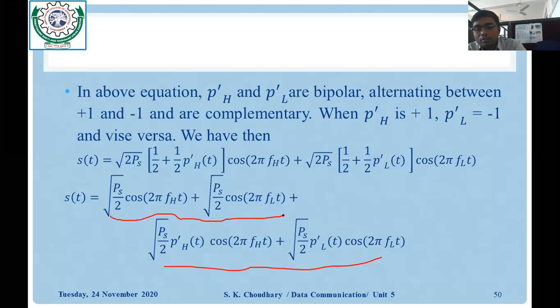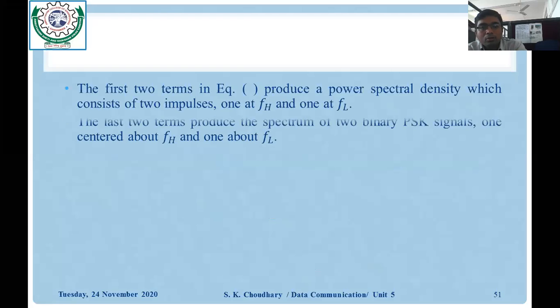I hope all of you have written this equation.